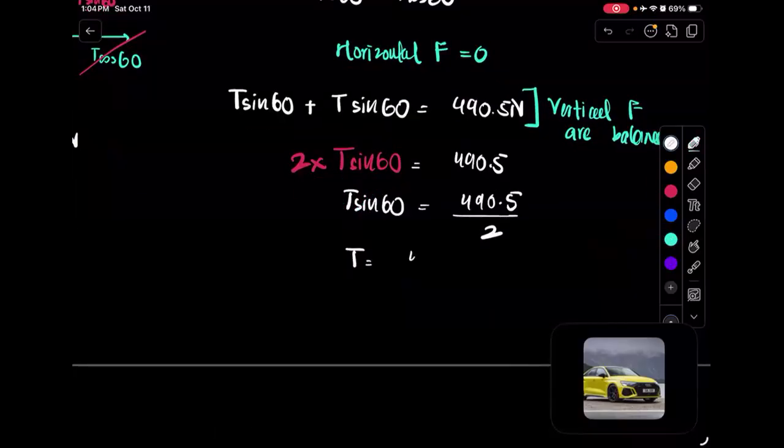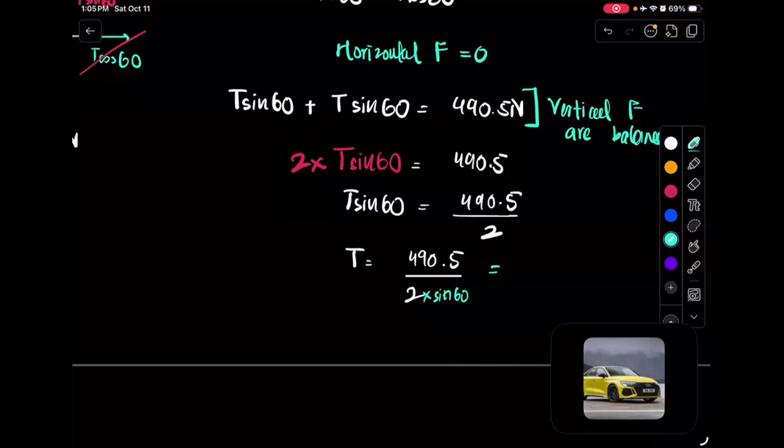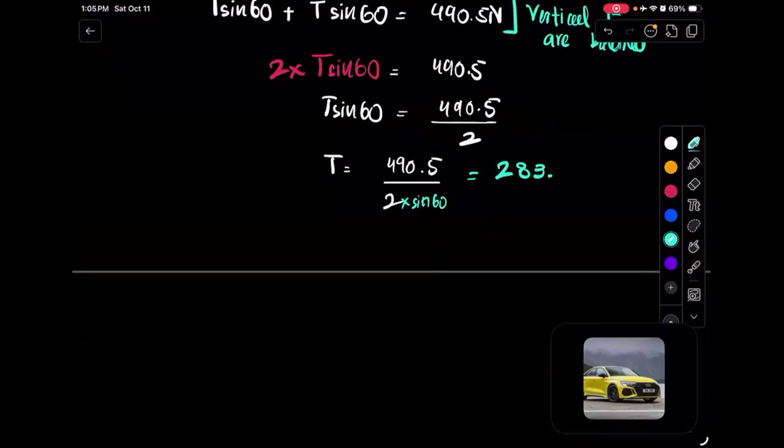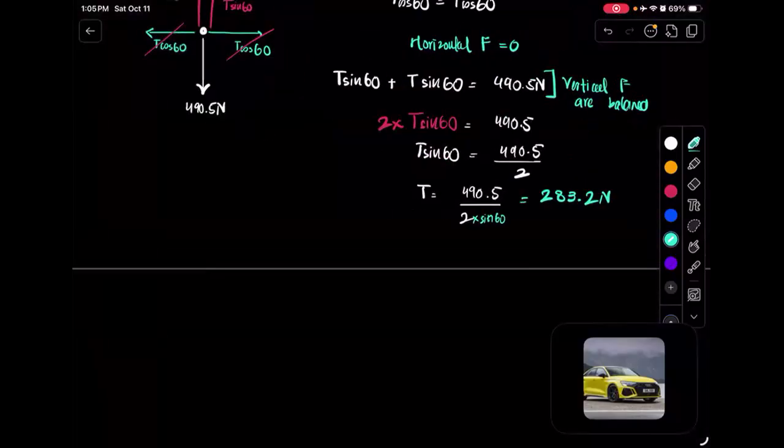So t is equal to 490.5 divided by 2 into sine 60. Let's check what the answer is. 490.5 divided by 2 into sine 60. Okay, my answer is 283.2 Newton. This is the tension.